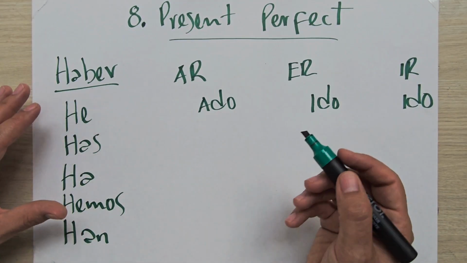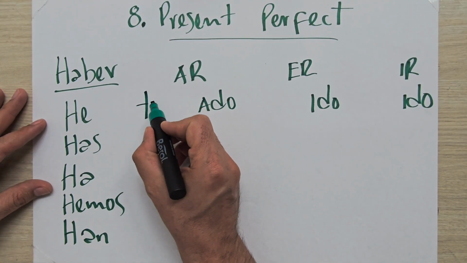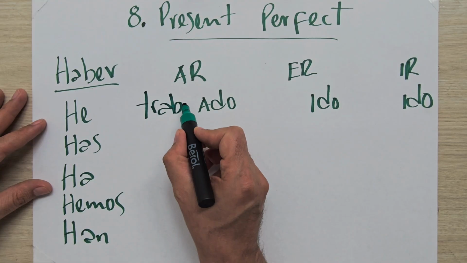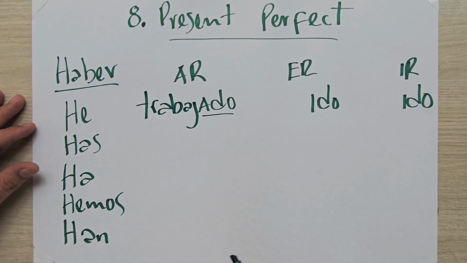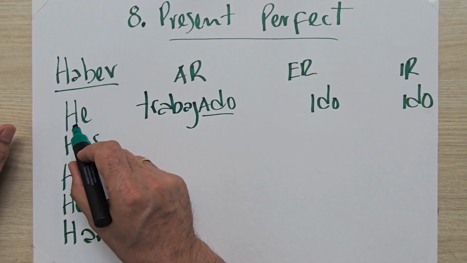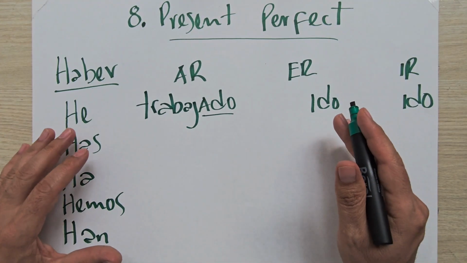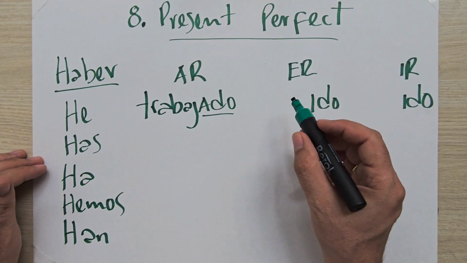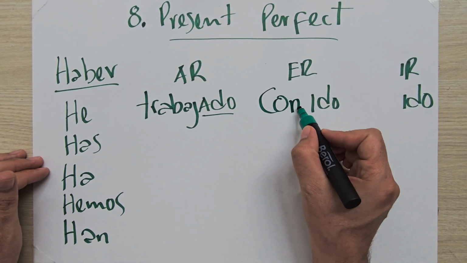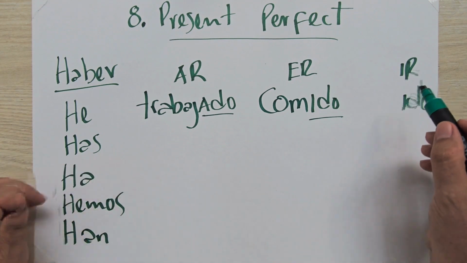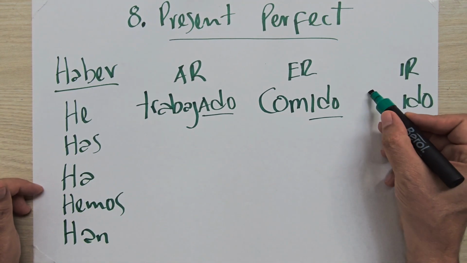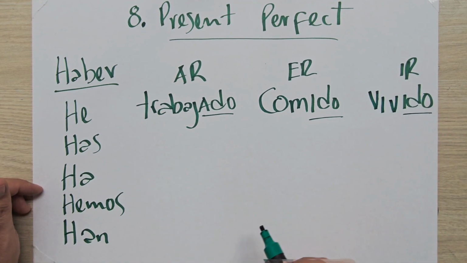So a regular verb in AR is going to be trabajar, trabajado. He trabajado. A regular verb in ER is comer, comido. Regular verb for IR verbs is going to be vivir, vivido.